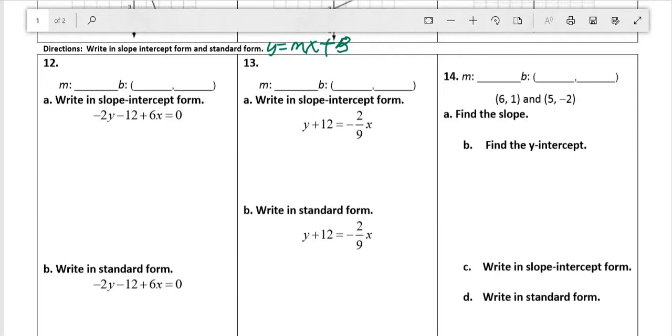I look at this and I see that y is not by itself. So I've got to move everything away from the y side so I can eventually get y by itself.